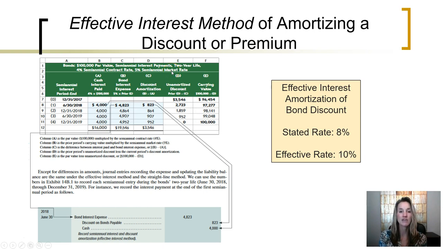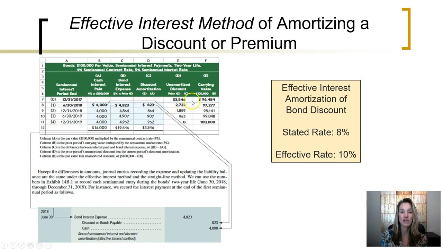To calculate the first interest payment on these bonds, which are issued at a discount, they are issued for $96,454, meaning they have a discount of $3,546. To calculate the amount of interest expense and the amount of discount amortization on that first interest payment, we would take the current carrying value of the bonds when the interest payment is being made.